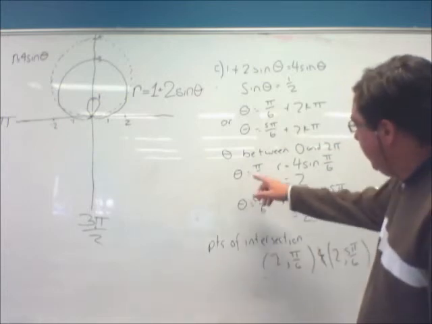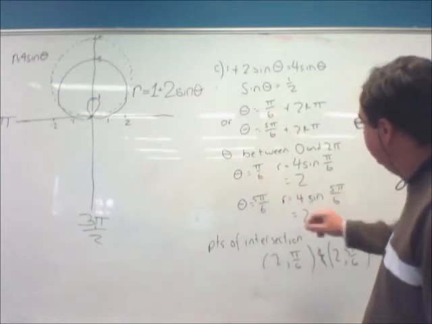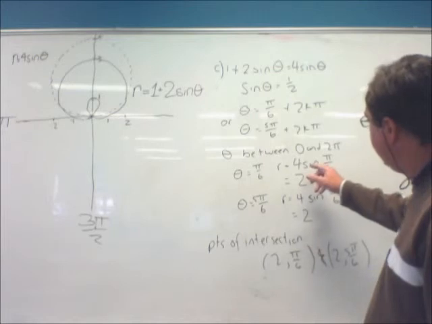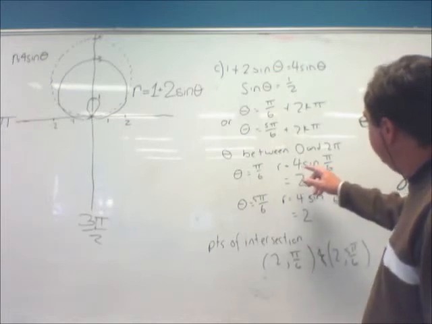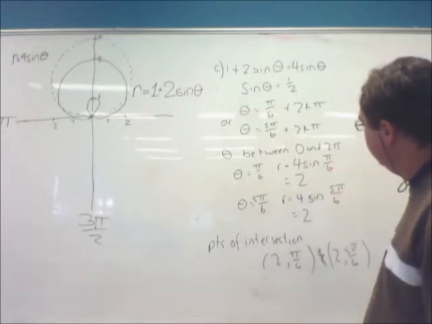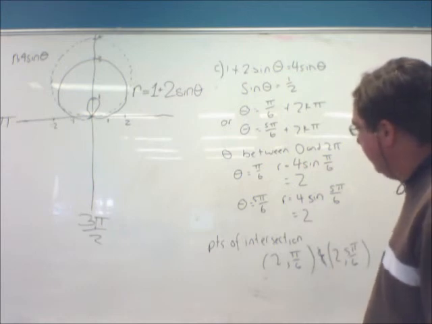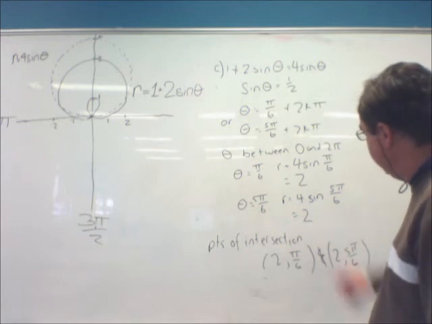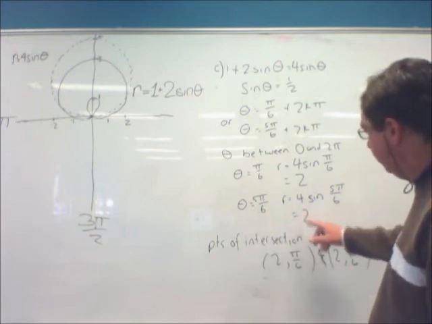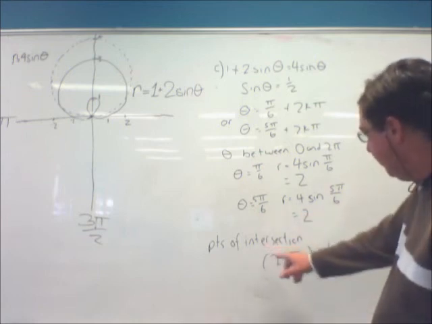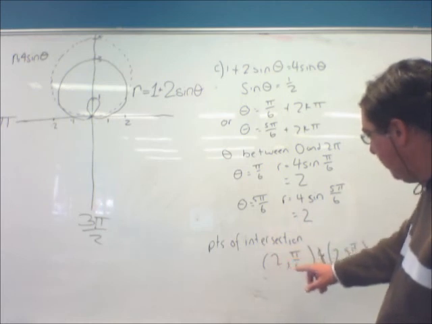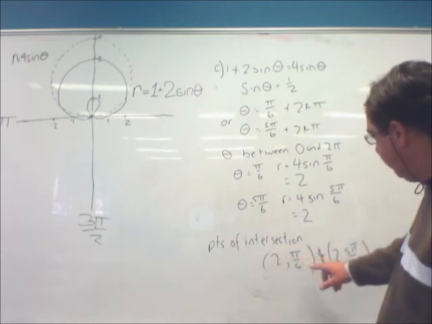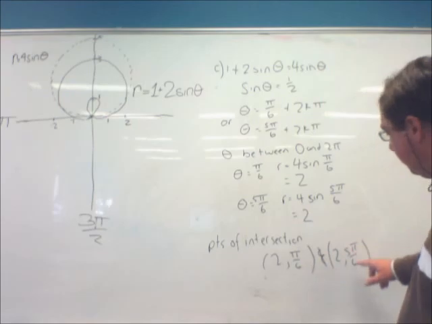So for theta equals pi on 6, we put that in our equation r equals 4 sine pi on 6, which gives us 2. And for theta equals 5 pi on 6, r equals 2. So our points of intersection are 2, pi on 6 and 2, 5 pi on 6.